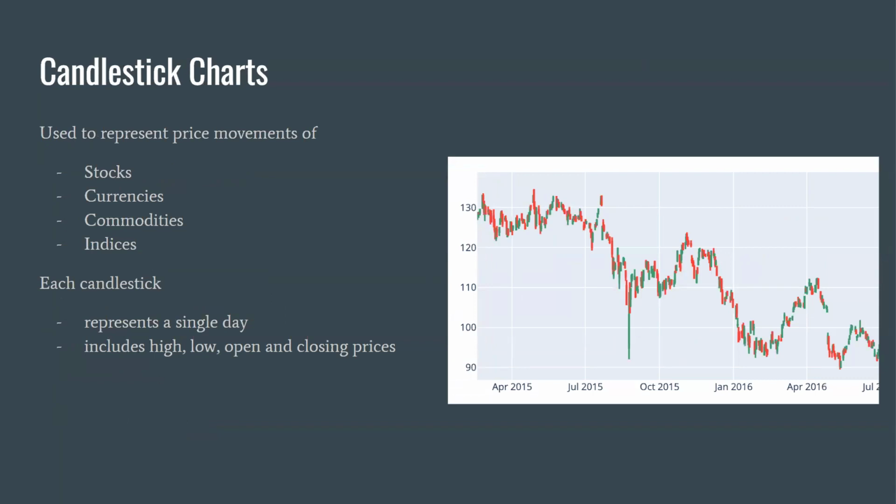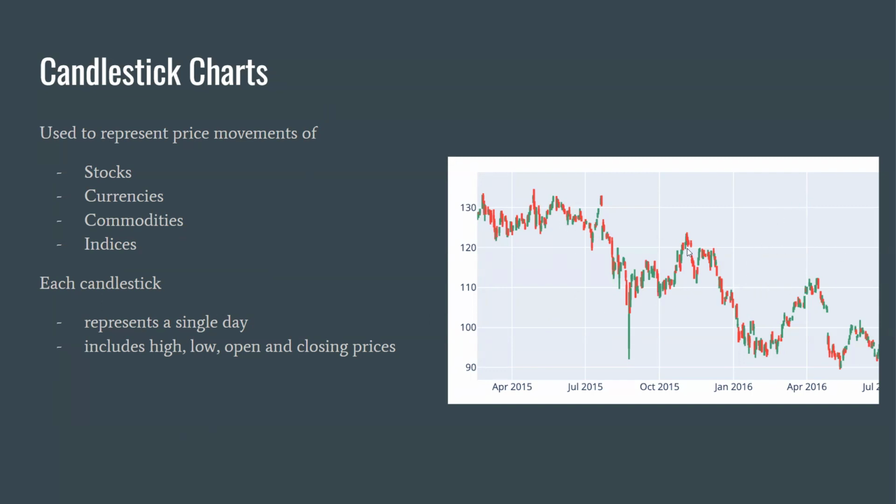Candlestick charts. So you probably have seen this when you're looking at financial data. It's because candlestick charts are a type of financial chart used to describe price movements of securities or currencies over time.